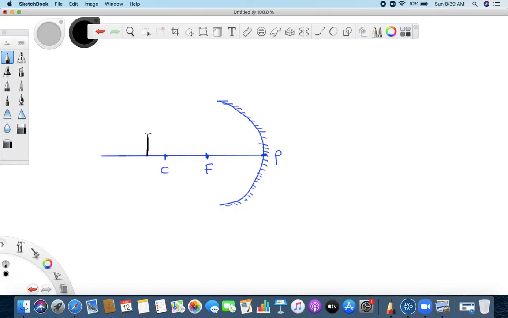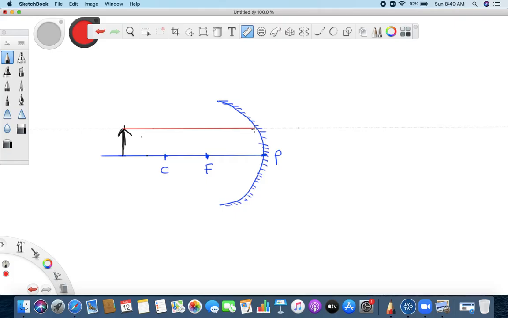So I am taking my object a little far. Again, to draw, you have to draw two rays, one as always parallel to principal axis.